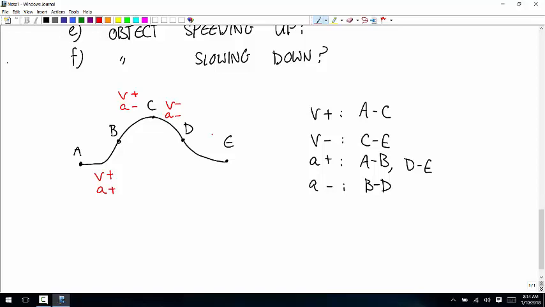Same sign, so that's speeding up. And here the velocity is negative, acceleration is positive, so that's slowing down. So it's speeding up A to B and C to D, and slowing down B to C and D to E.